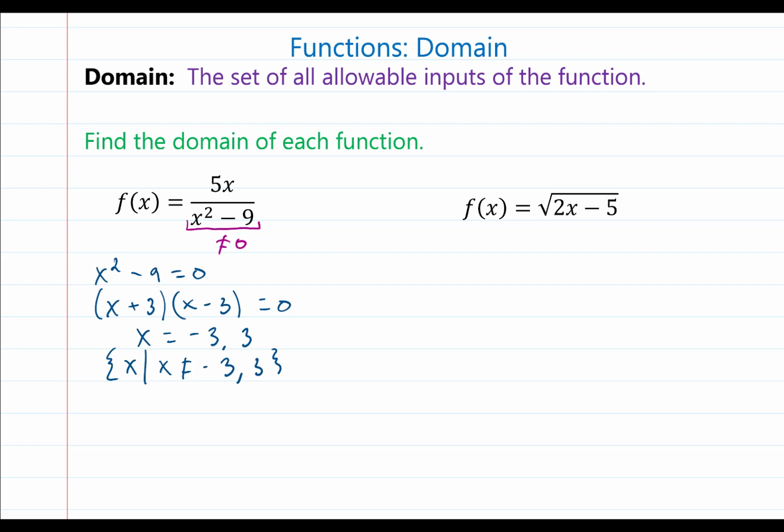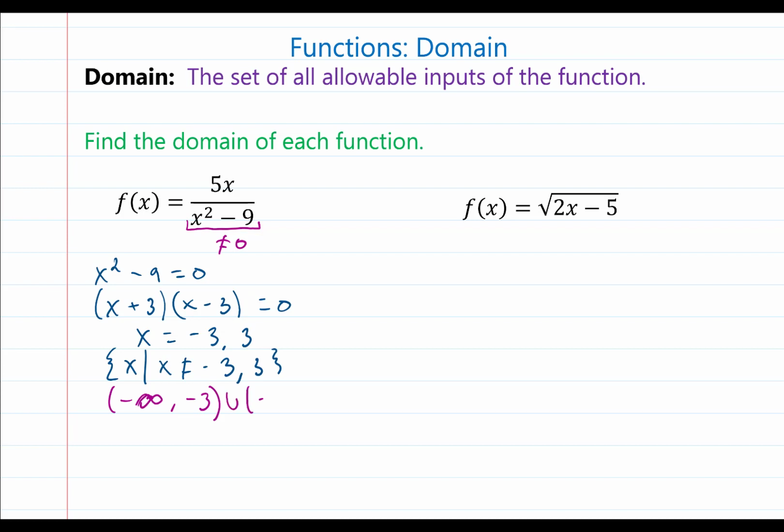Interval notation only defines what the input variable, in this case, is allowed to be. So the input variable is allowed to be any real number up to the lowest value, which is negative 3. Now we can't include negative 3, which is why we put a parenthesis there, but we don't stop at negative 3.